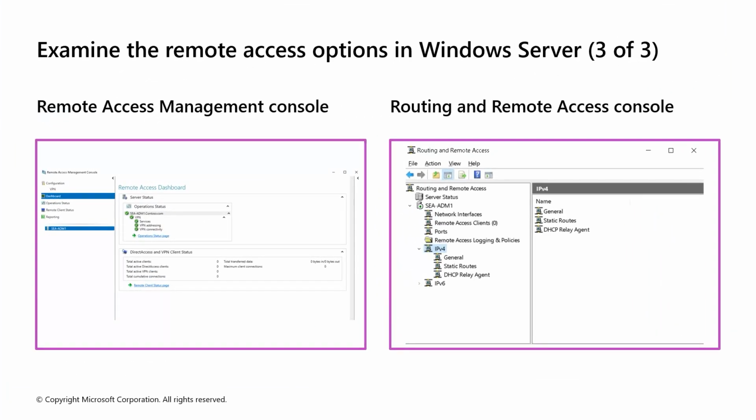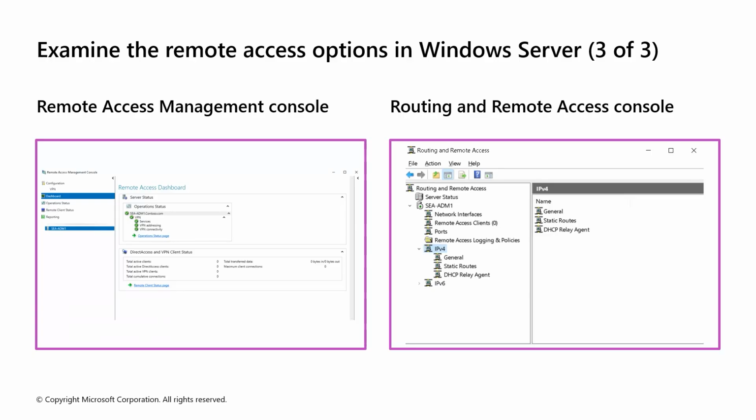After installing the remote access role, you can manage it using the Remote Access Management Console or the Routing and Remote Access Console. You can also manage it with Windows PowerShell. The Remote Access Management Console lets you configure VPN and Web Application Proxy using a wizard-based interface.